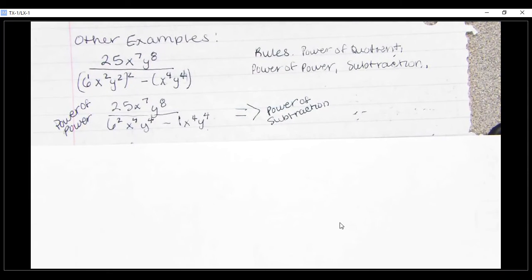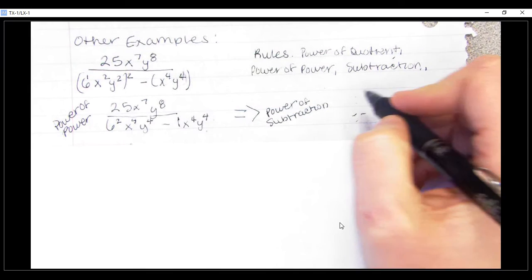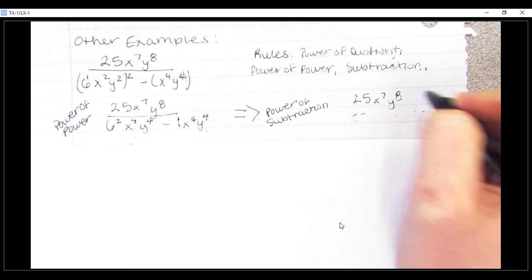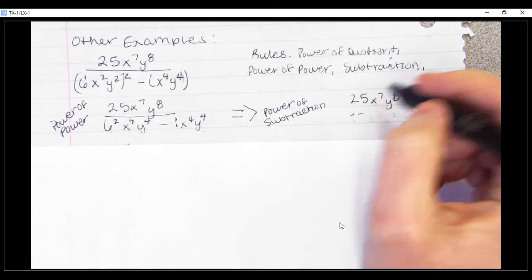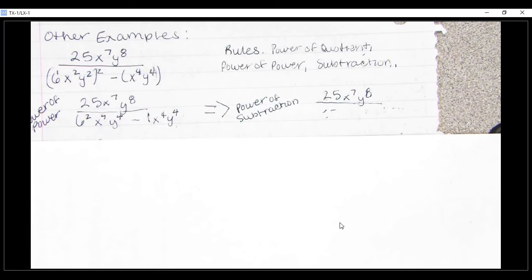Now we're going to do our next step, which is power of subtraction. So again, going in that specific order. My top is going to stay exactly the same. That doesn't change at all because I haven't done any steps that involve it yet. However, at the bottom is where I'm going to be starting to do some math.